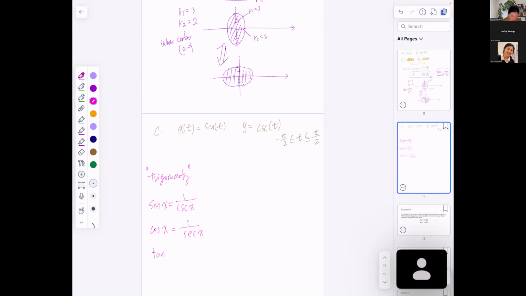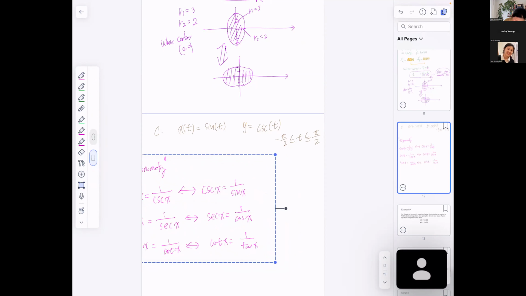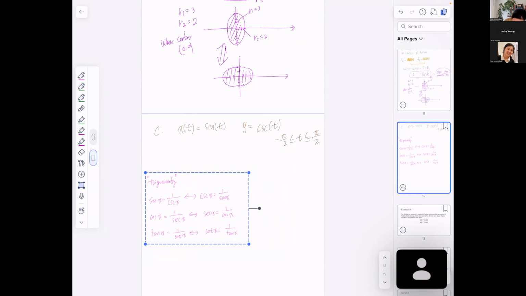You learned trigonometry identities long time ago. So tangent is 1 over cotangent x, and cosecant is 1 over sine x, right? Likewise, secant x is 1 over cosine x. They're all a family, the six family. Cotangent x is 1 over tangent x. Do you remember this? Yes, I do. We're going to use this one here.